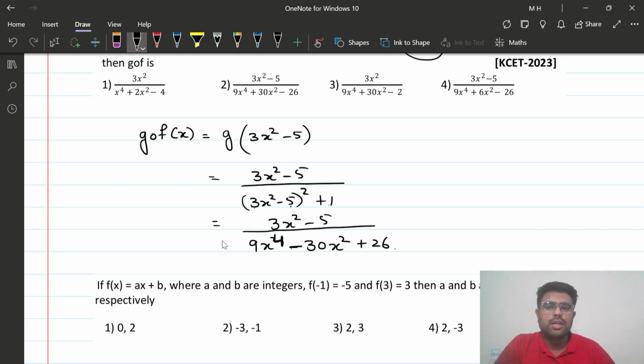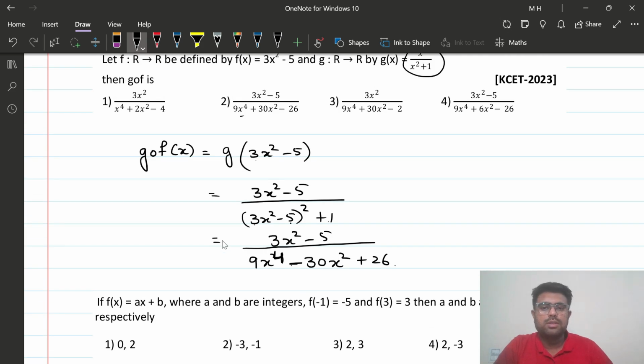So it is 9x raised to 4 minus 30x square plus 26. Again here there is a mistake, it should be minus 30x square. Okay, 9x raised to 4 minus 30x square plus 26, and so it must be option B.